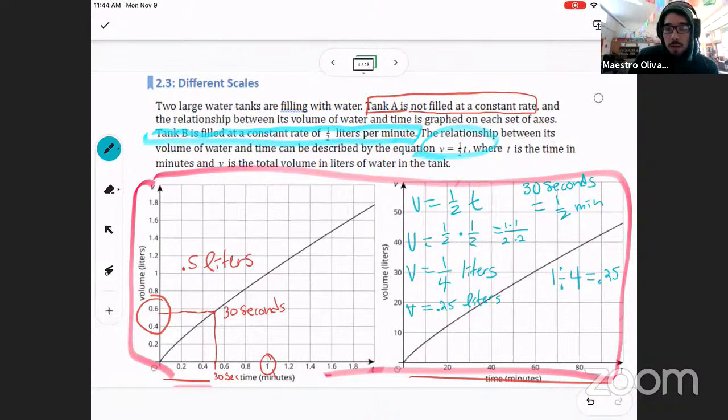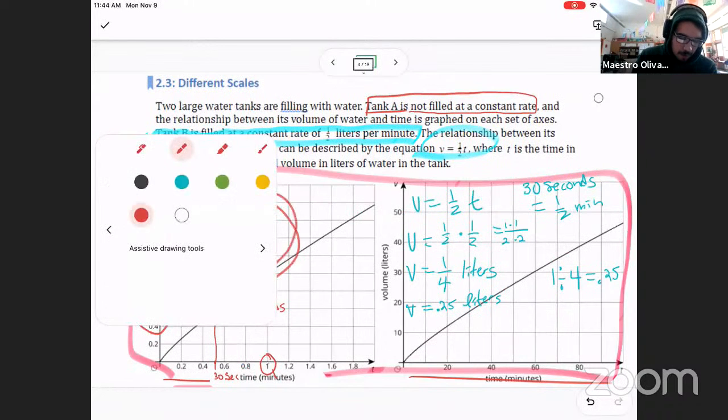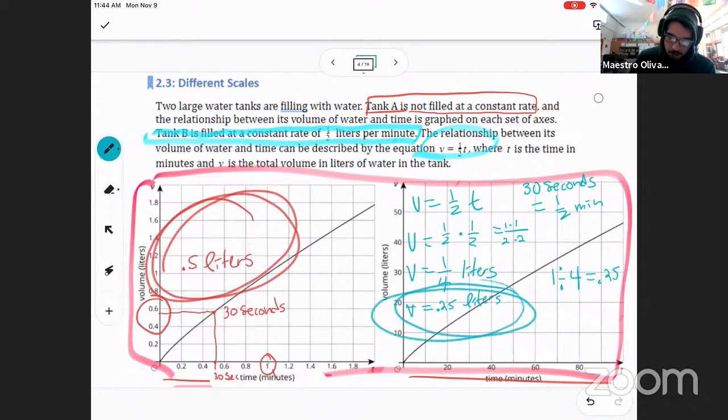So let's see, do I want to start calling on people? No, not yet. Can somebody mathematically explain why the red tank has more water than the blue tank? Somebody want to mathematically explain why?